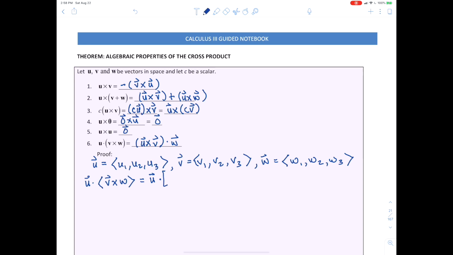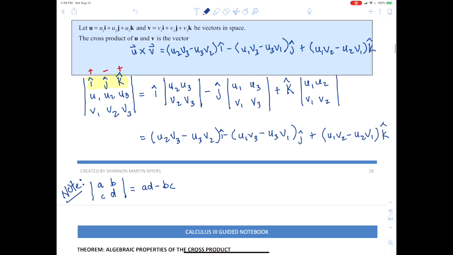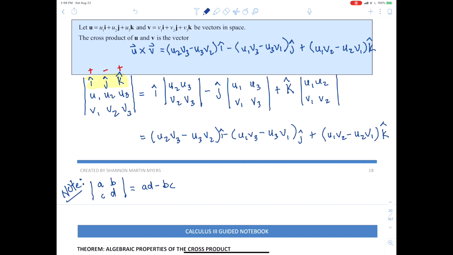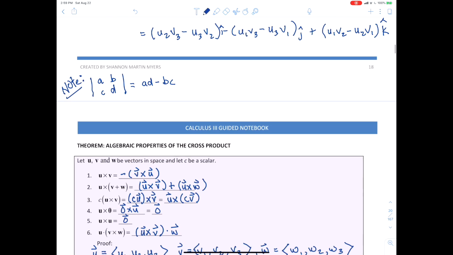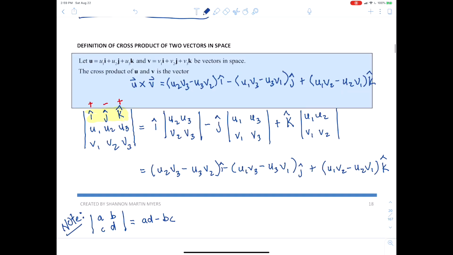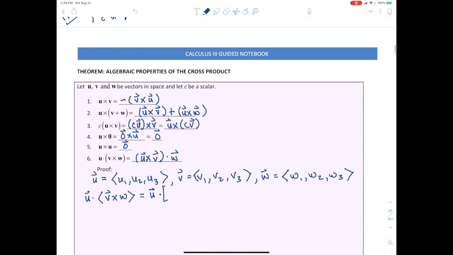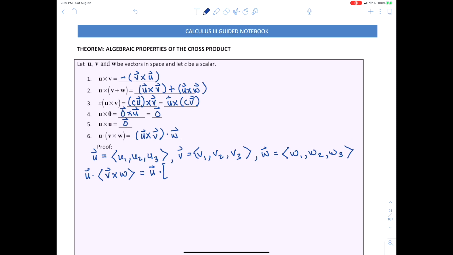We're going to have, going back to this formula, so instead of U cross V, it's V cross W. So we'll just replace the U's with the V's and the V's with the W's.